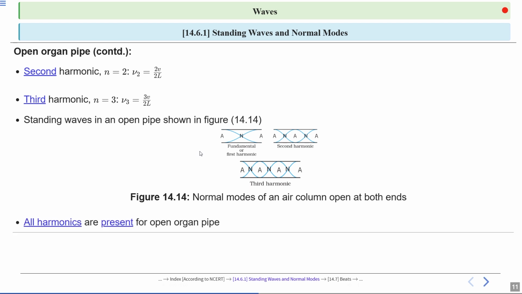So all harmonics are present for open organ pipe. This means the pipe can produce a full range of frequencies that are integer multiples of the fundamental frequency, unlike a closed pipe which only allows odd harmonics.